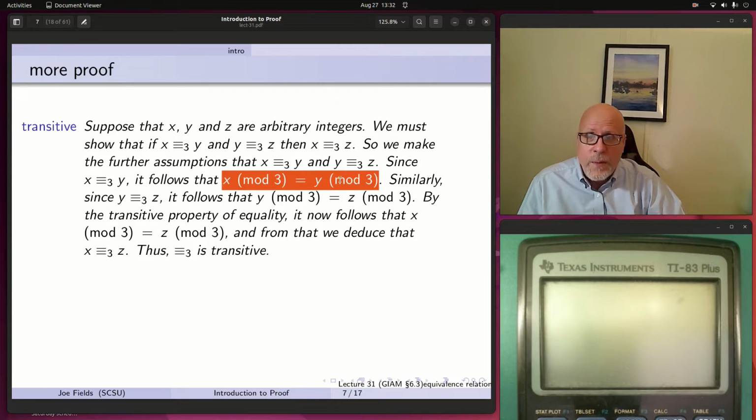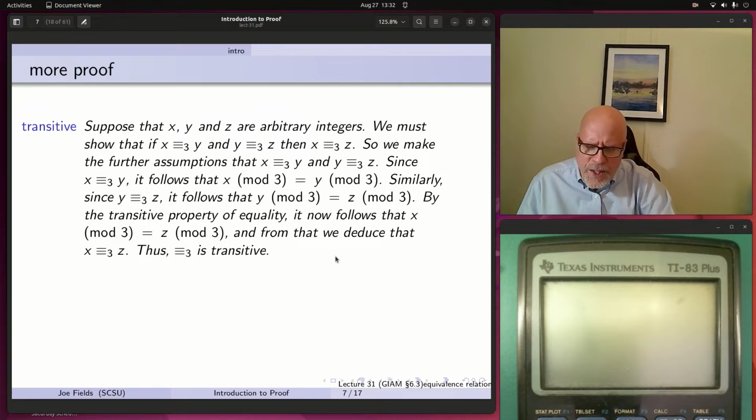And y mod 3 is the thing that's in common between the two. The transitive property of equality lets us deduce that x mod 3 and z mod 3 have to be the same. And from that, we deduce that x is equivalent mod 3 to z. Thus, since we worked generically, equivalence mod 3 is transitive.